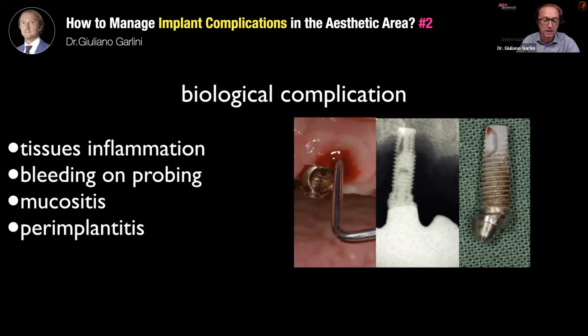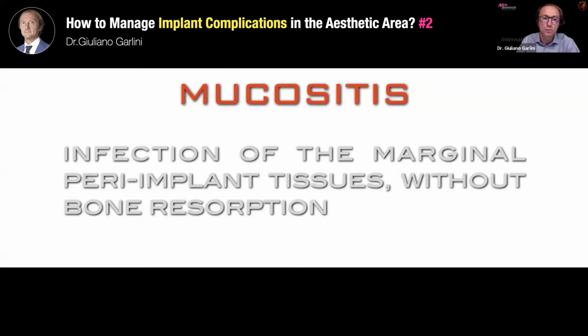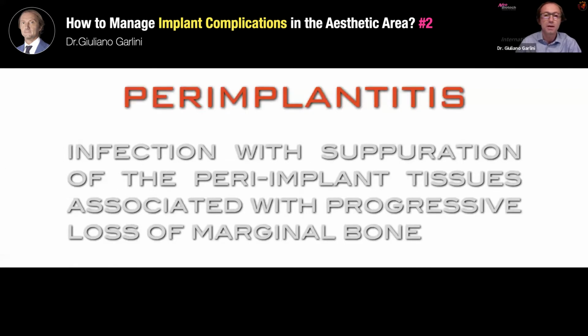And the first thing that I would like to share with you is the concept of mucositis and the concept of peri-implantitis. So a mucositis is an infection of the marginal peri-implant tissue without any bone resorption or with very little bone resorption. On the other hand, peri-implantitis is an infection with suppuration of peri-implant tissue associated with progressive loss of marginal bone.